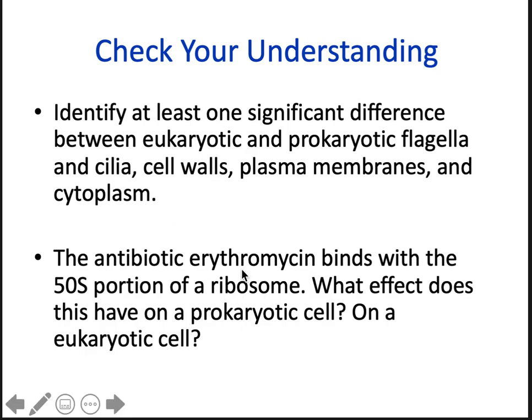And then remember we discussed the antibiotic erythromycin that binds to the 50S portion of the bacterial ribosome in the prokaryote, right? But on the eukaryote, we have a different ribosome, and so it's not going to harm us.